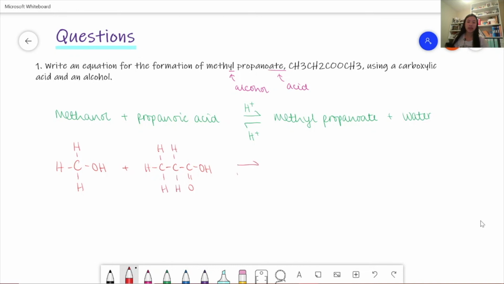And then again, we have this equilibrium when we add H plus catalyst and form this methyl propanoate. So we have 3 carbons and then double bond oxygen and then another carbon. And we also have water.